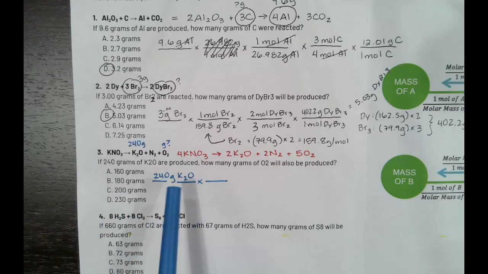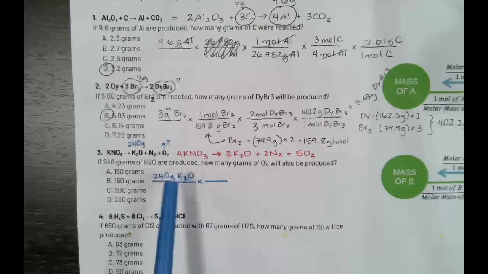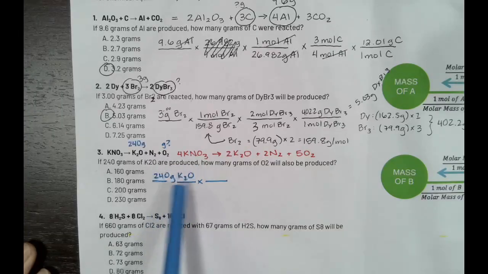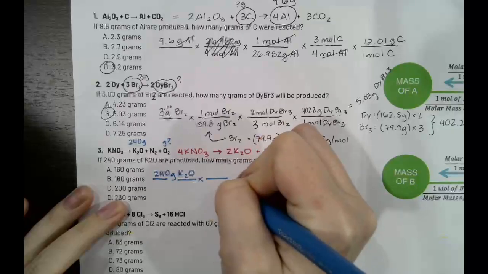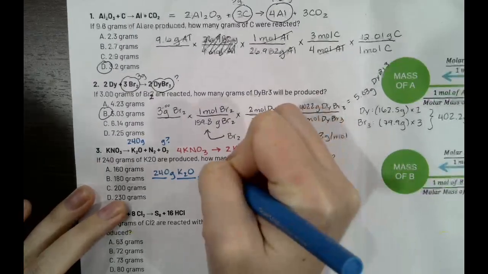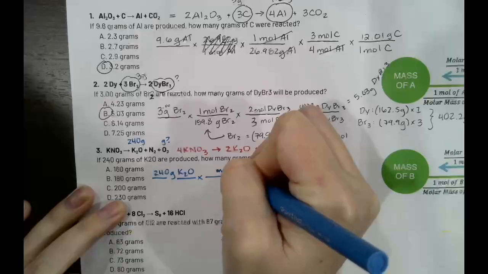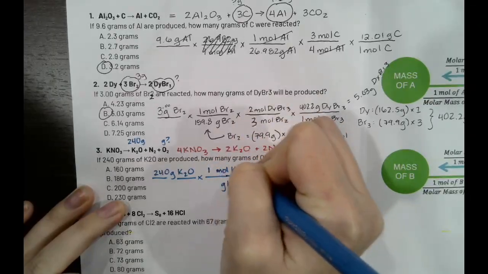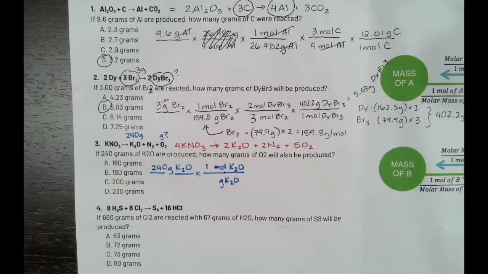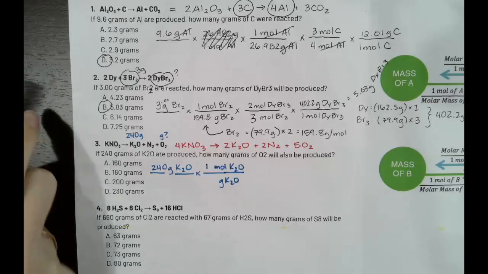So if we want to convert from grams of something to moles of something, the way we do that is a molar mass. We need to figure out how much does 1 mole of this weigh, because we're going to go from grams of K2O to moles of K2O. We can do 1 mole of K2O. How many grams does that weigh? Well, we can figure that out.